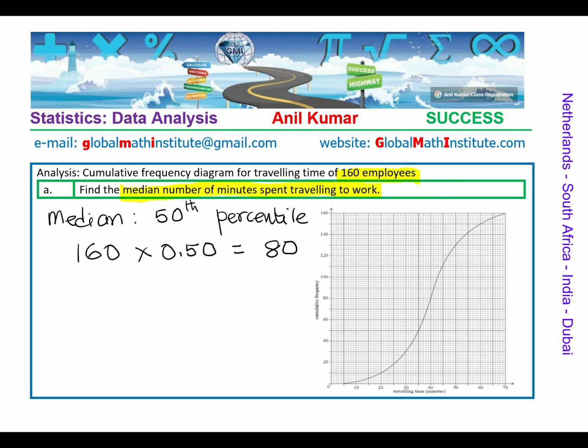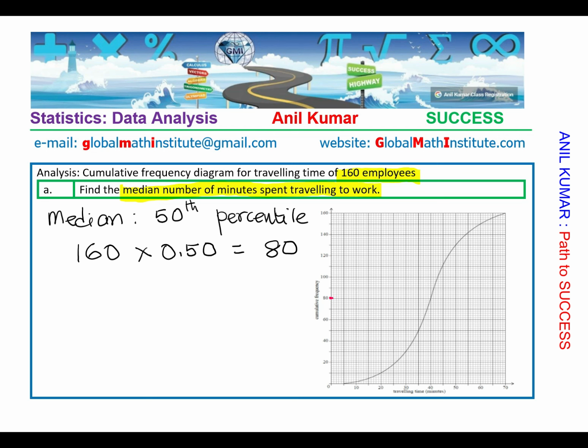So on the graph, on y-axis, we are given the cumulative frequency, which is total number of employees, and along the x-axis, the independent variable is traveling time. So we'll go to 80 and see what does it correspond to, right? So the scale is 20, 40, 60, 80.